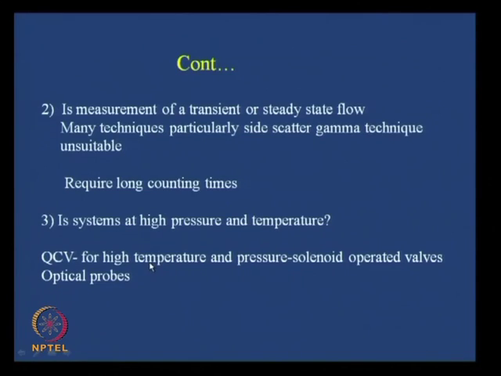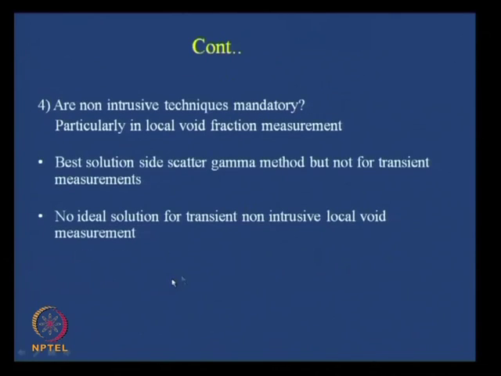For such cases, the only option is the quick closing valve technique. For high temperature and pressure, of course, we cannot use ball valves and things like that. We have to operate it from a remote distance. So, solenoid operated, electrically operated valves are the only things. Optical probes, if they are suitably designed, can be used for these particular purposes.